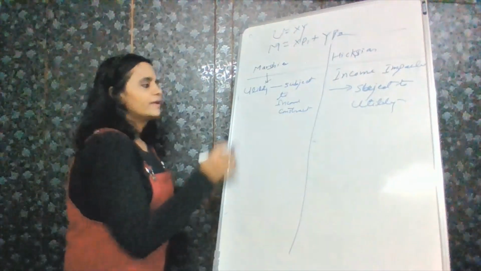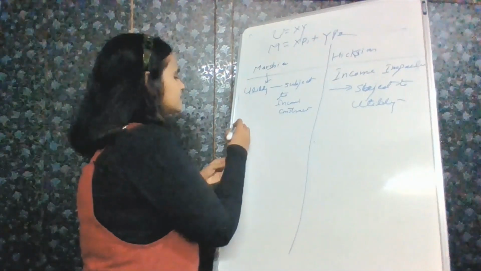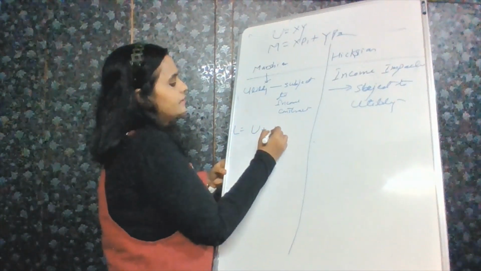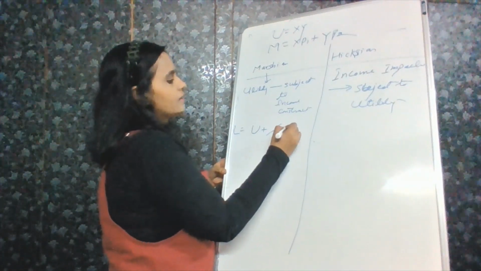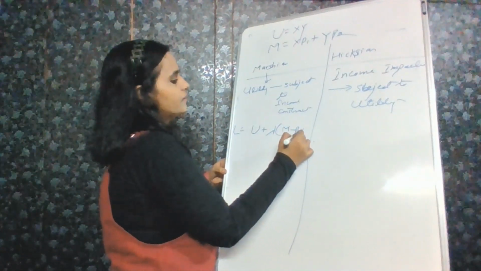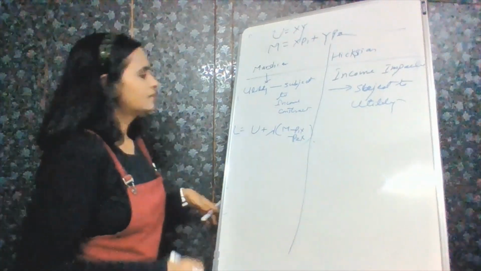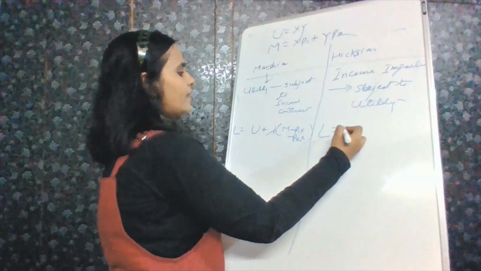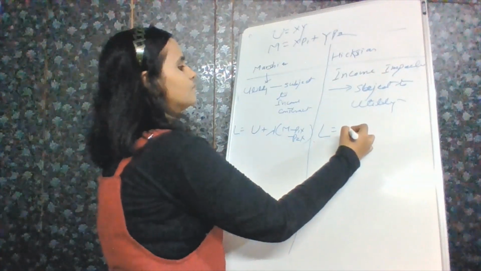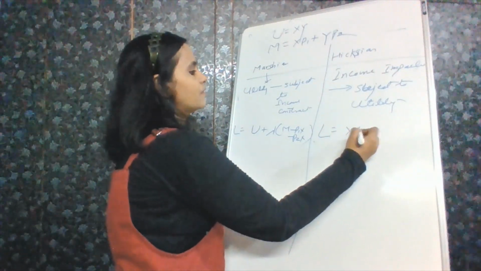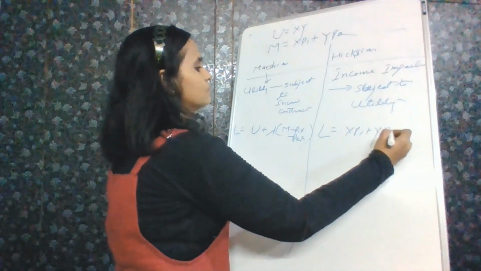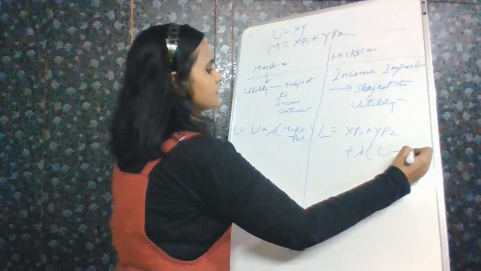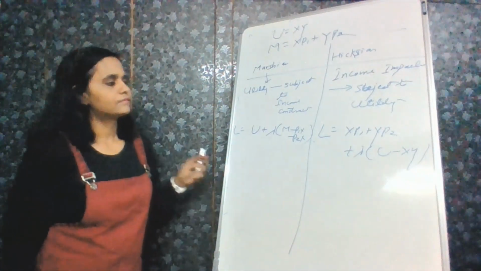In the normal case, the Lagrangian function will be utility plus lambda times income minus p1x minus p2y. But in the Hicksian case, your Lagrangian will be your income, x p1 plus y p2, plus lambda times u minus xy. That is the difference.